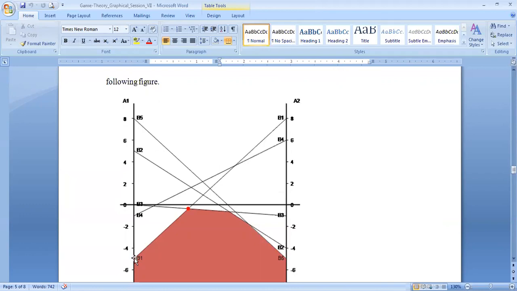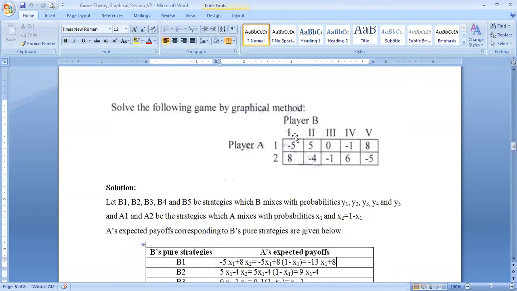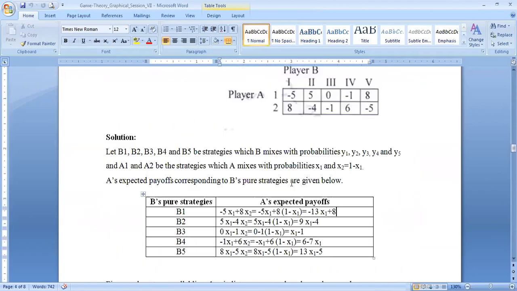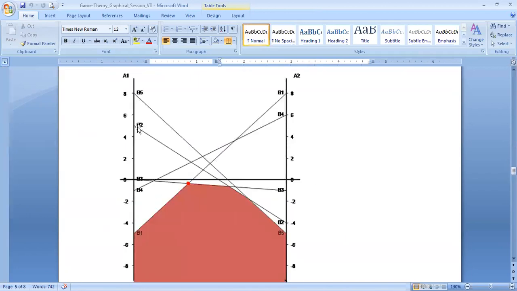Then this line is joined, which we call B1. Similarly, B2 is 5 and minus 4: the 5 is located on the A1 vertical line, and the minus 4 is located on the A2 line on the negative side, and these two are joined.